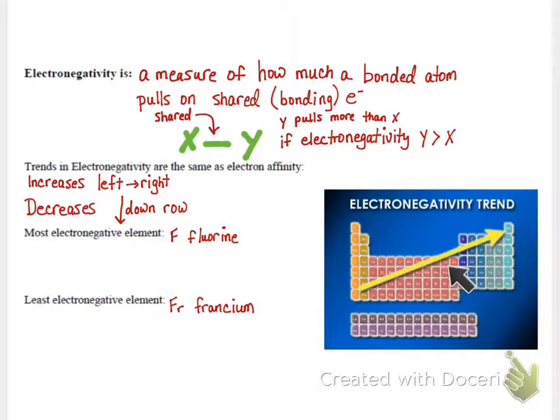So in the upper right hand corner, except for the noble gases, which don't bond, so they don't count, the highest electronegativity is fluorine, and the lower left hand corner is francium, which has the lowest electronegativity. So the trend sort of goes across the middle and on a slant.